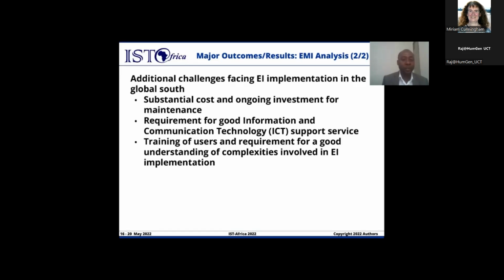Secondly, there's also a requirement for a good information and communication technology service support, which is lacking in most of the Global South countries, and also the need for training of users and requirement for a good understanding of the complexities that are involved in enterprise imaging implementation.